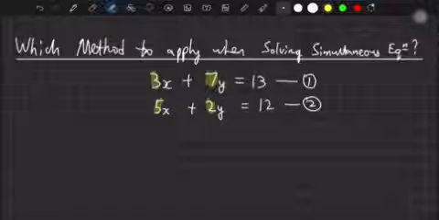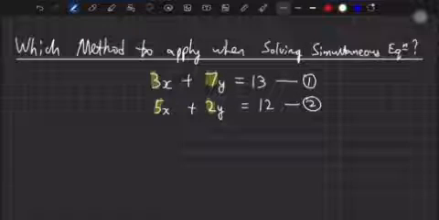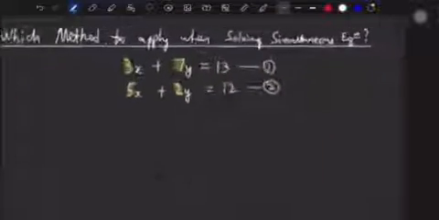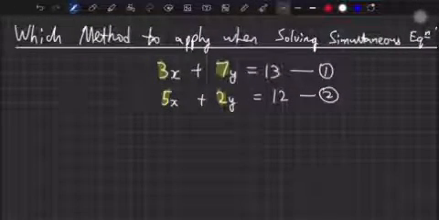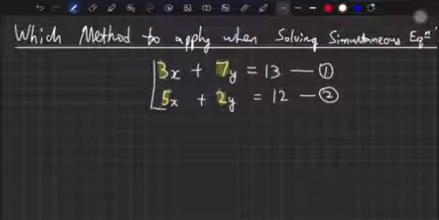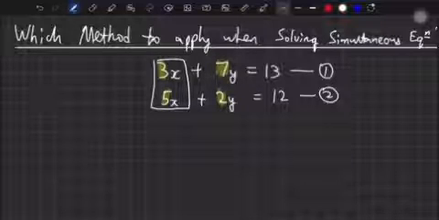Then on top of that, if we want to eliminate the x term, we will have to find the LCM of 3 and 5, the coefficients of x.